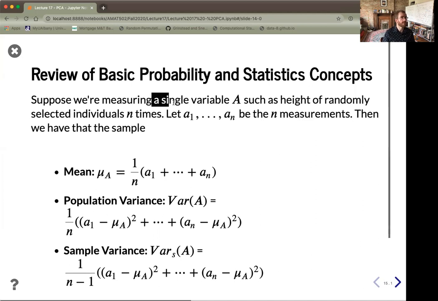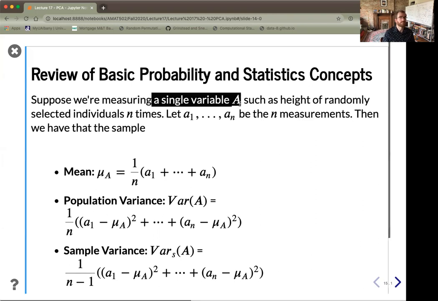So suppose we're measuring a single variable of, say, people, like their height. And so when we take these measurements in different people and measure their heights, what we're doing is taking a draw from a random variable, which is a person's height.